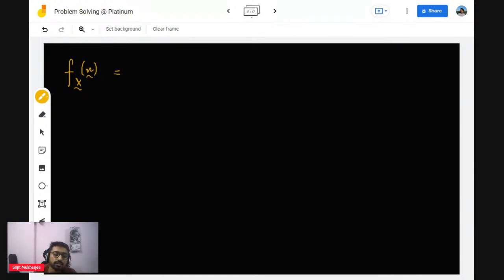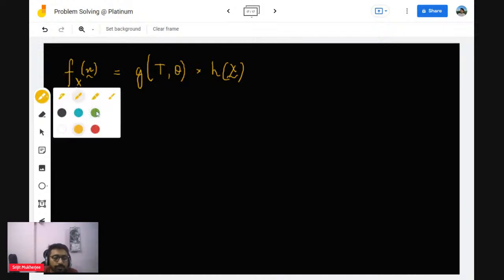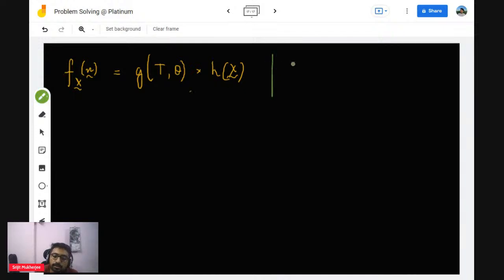We can write f(x) as g(T, theta) into h(x). Perfect, right? This is the Neyman factorization theorem. So if we can write it like this, then T is sufficient for theta. So we need to know what is sufficient for f of theta.